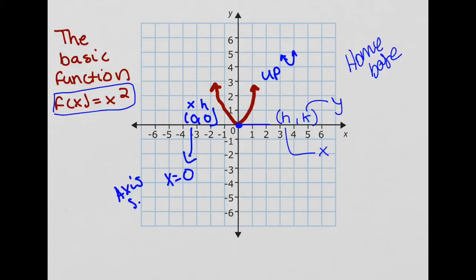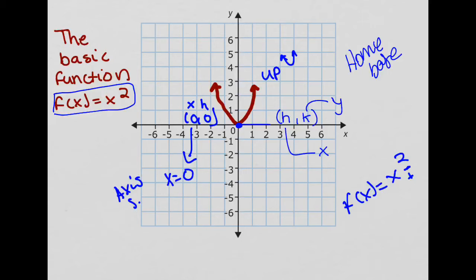So based on the home base, every time I ask you to graph something, the first thing that needs to come to your mind, if I'm dealing with a parabola, is the home base. The image of the original graph should always pop in your head. And then based on the new equation that you're given, you're going to say, okay, what are the changes? Based on the original, what changed? If the original is f of x equals x squared, if something is added or subtracted, it means you're going to do an up or down shift.